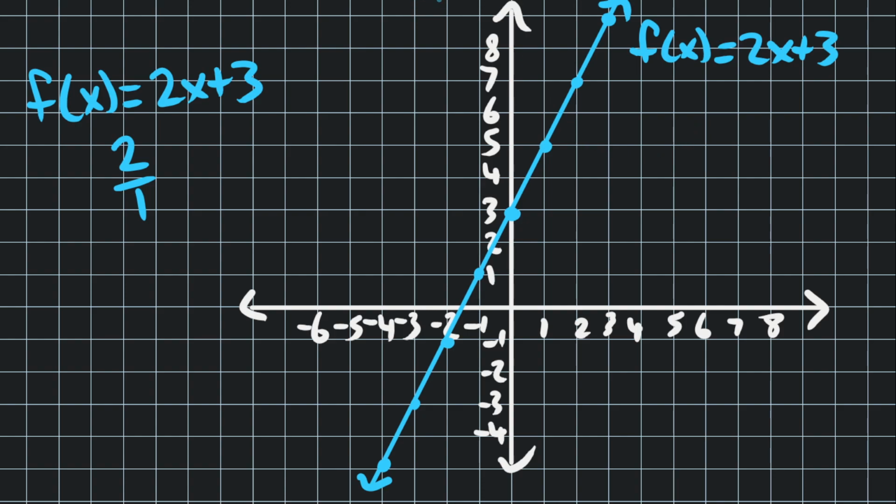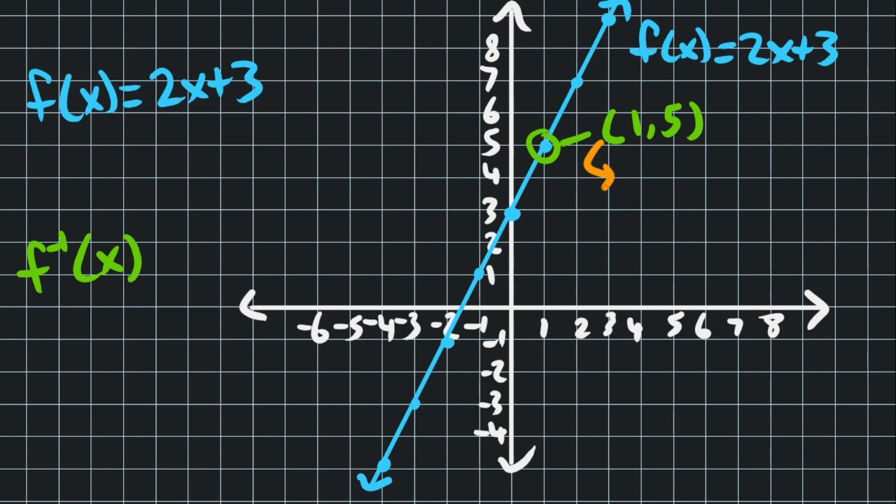Now, what is f inverse of x? How do we graph f inverse of x? What we're going to do to graph it is take a look at one of these points right here. So let's say 1, 5. So this point right here is 1, 5.